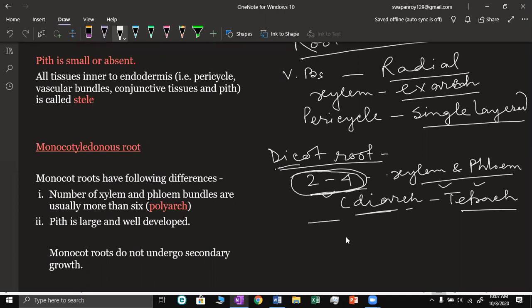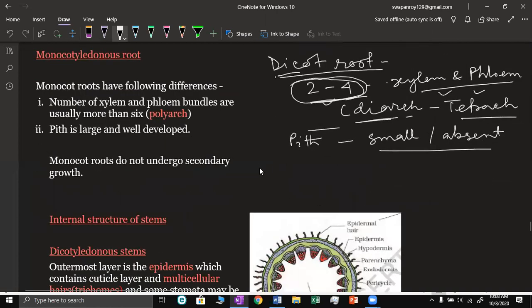In the dicot root, the pith is either small or absent, so the pith portion is not very big. In the monocot root, this number is increased, usually 6 or more than 6.